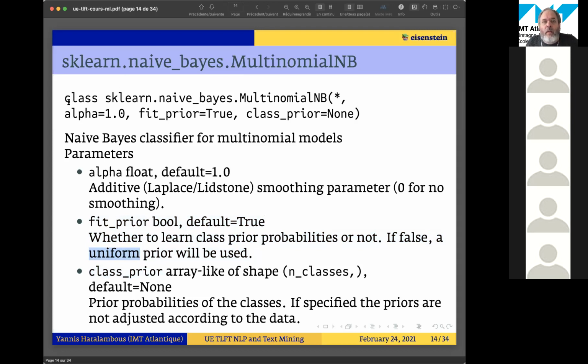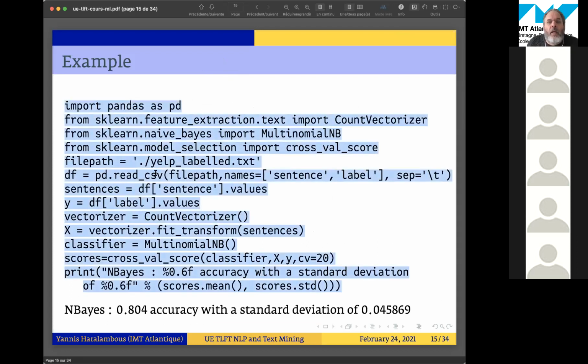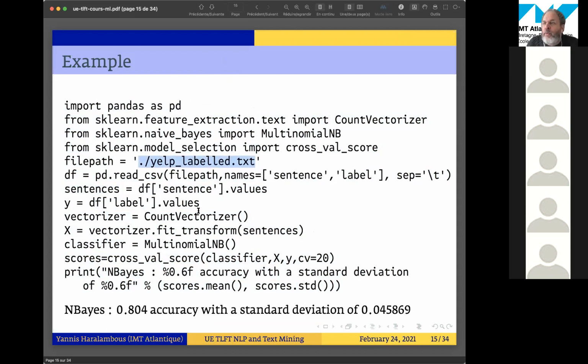Then this class will consider that all classes are uniformly distributed. Okay. And here is a complete example. I'm even using a small corpus, which I will show you. It's on Moodle.